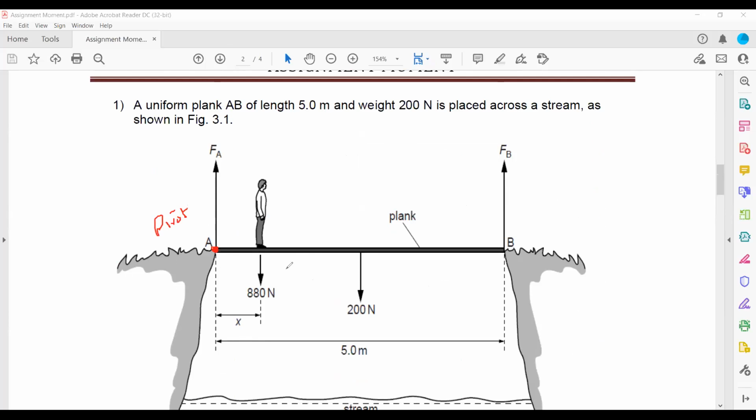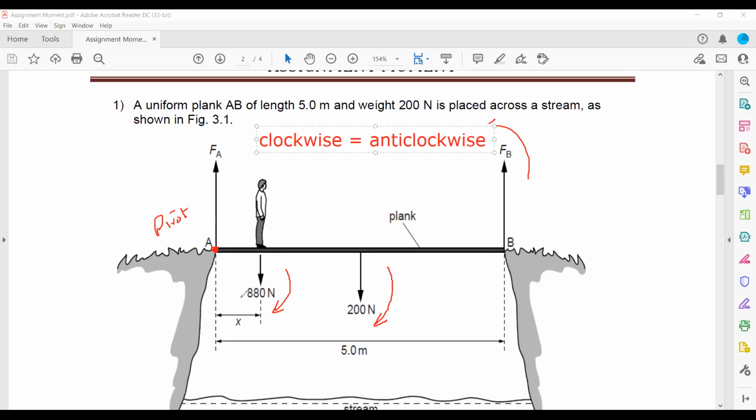So if A is a pivot, 880 will cause a clockwise moment, the weight of the plank will cause a clockwise moment, and the vertical upward force from the ground will try to cause an anti-clockwise moment. But because it is balanced, in equilibrium, we can say the clockwise moment is equal to the anti-clockwise moment.